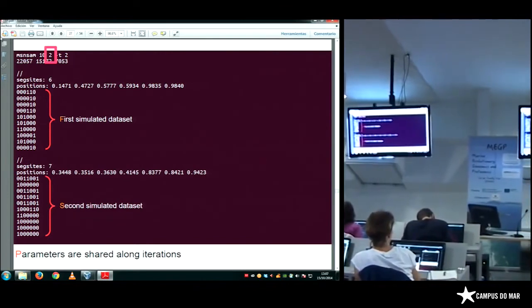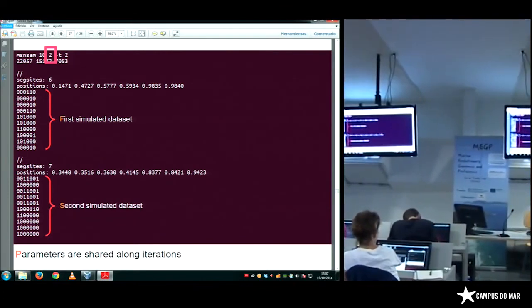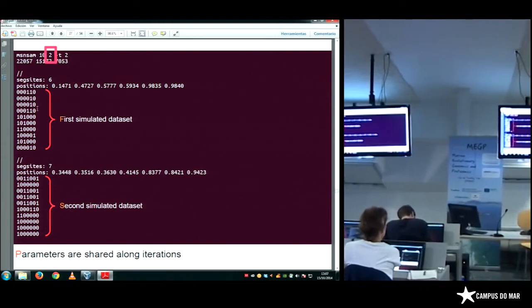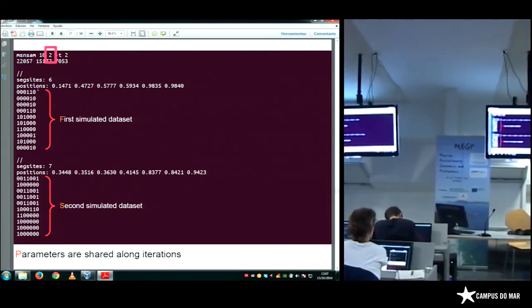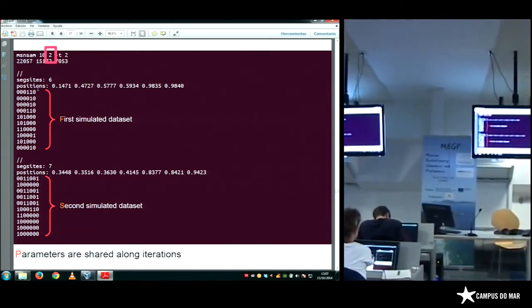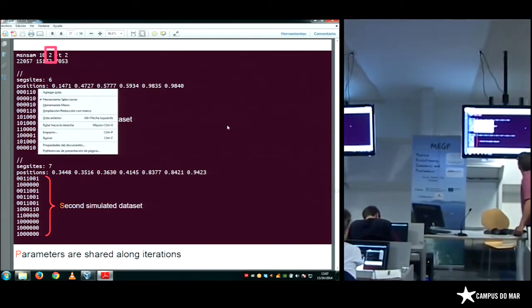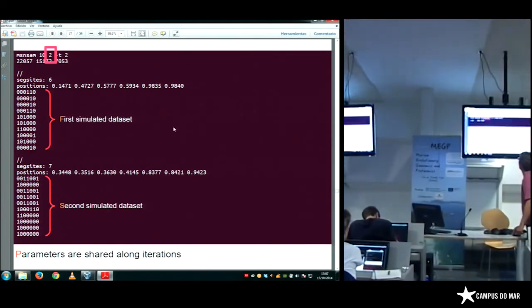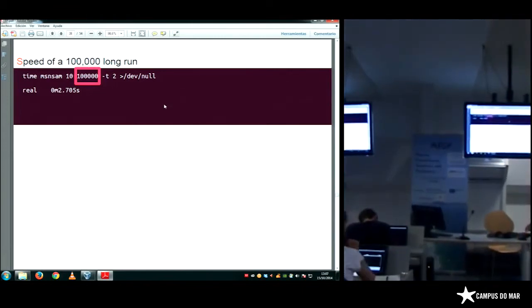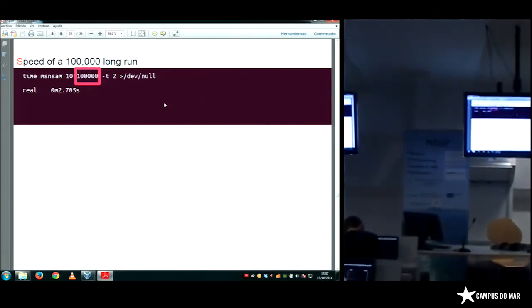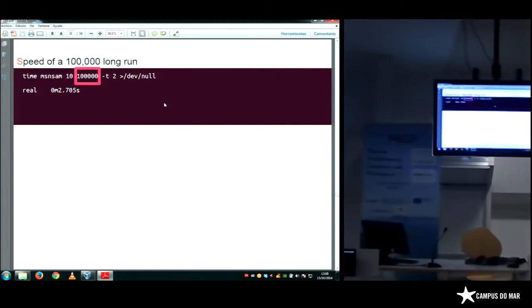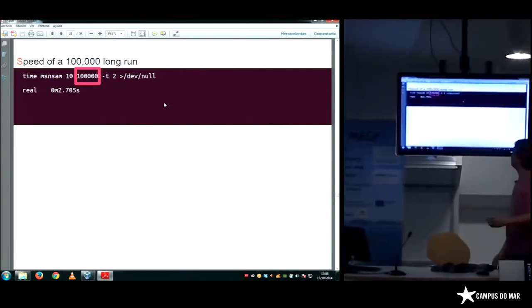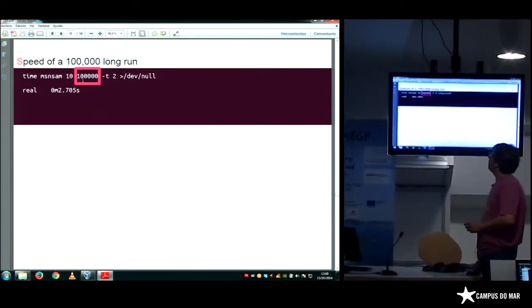So here it's what I explained already, that you can do 2 simulations, to have one simulation, a second simulation. Yes, you can type this line just to see how fast it is. When we do 100,000 simulations, it takes only 2 seconds.